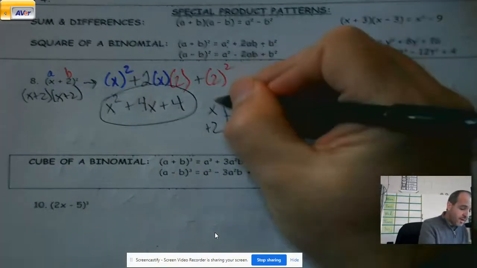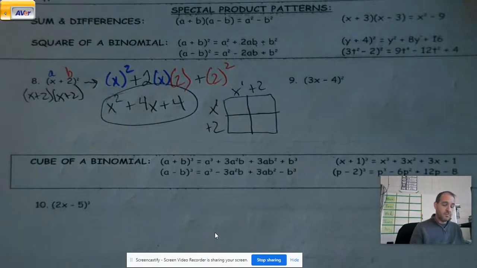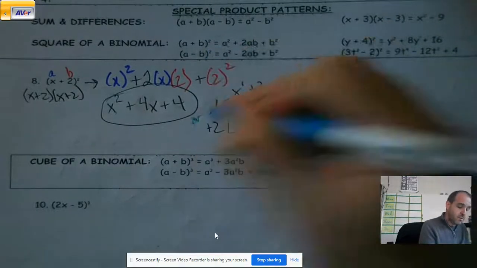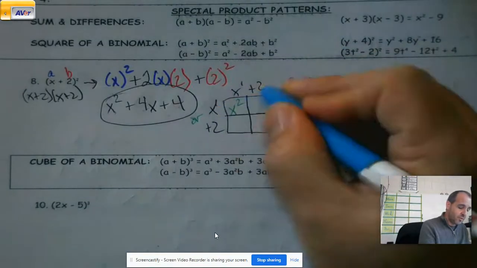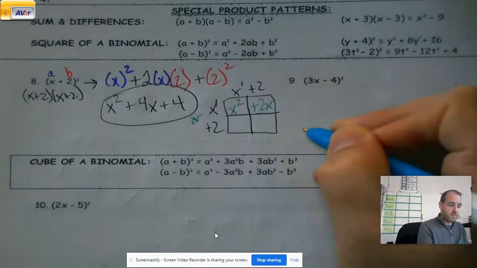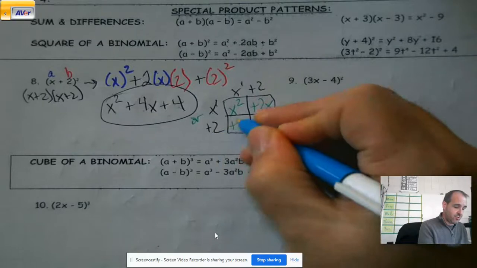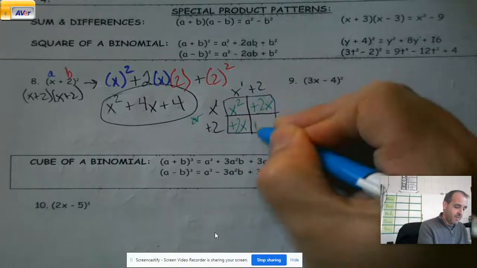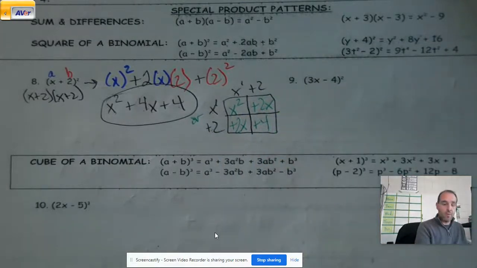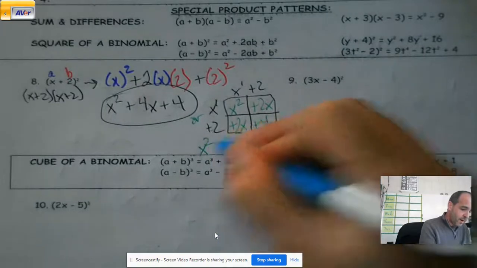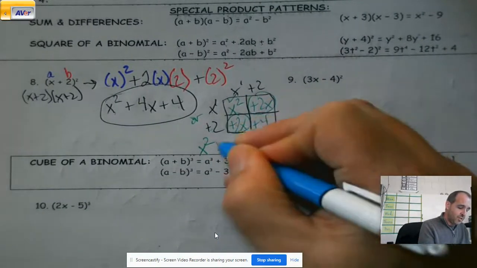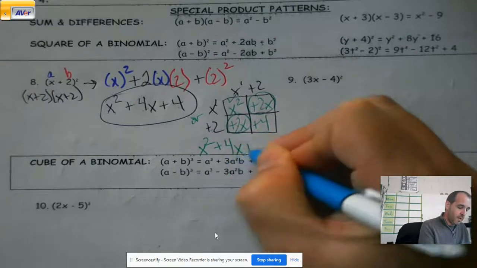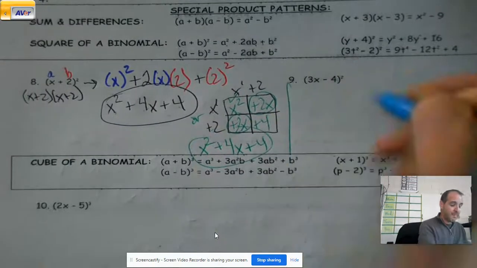Or you can do it in your box. Add my exponents. X times 2 is 2x. 2 times x is 2x. And multiply it out and check out what happens. X squared, 2 plus 2 is 4, plus 4. I get the same answer either way.